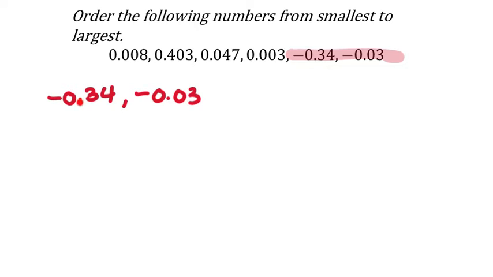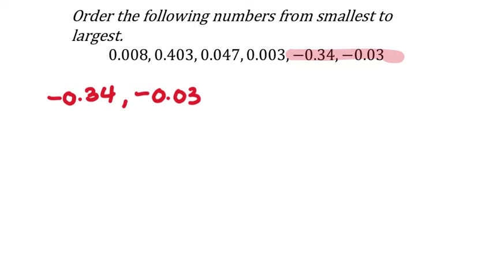So, to find the one that's the least, we would have to figure out which of these is the most negative. Well, 0.34 is more negative than 0.03. Again, that's 34, that's 3, as long as I'm comparing the same place value. So if I wanted to list these in order, that would be in order from least to greatest right there.